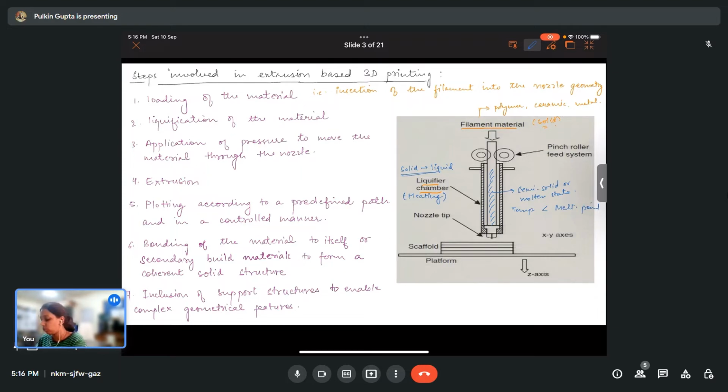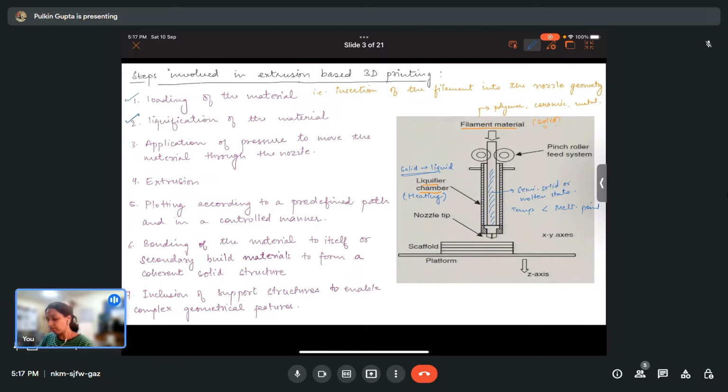We have seen loading, we have seen liquefaction. Now third is application of pressure to move the material through the nozzle. We have loaded the material, we have liquefied it. Now we have to push it so that it comes out of the nozzle and makes way for further material to be liquefied.